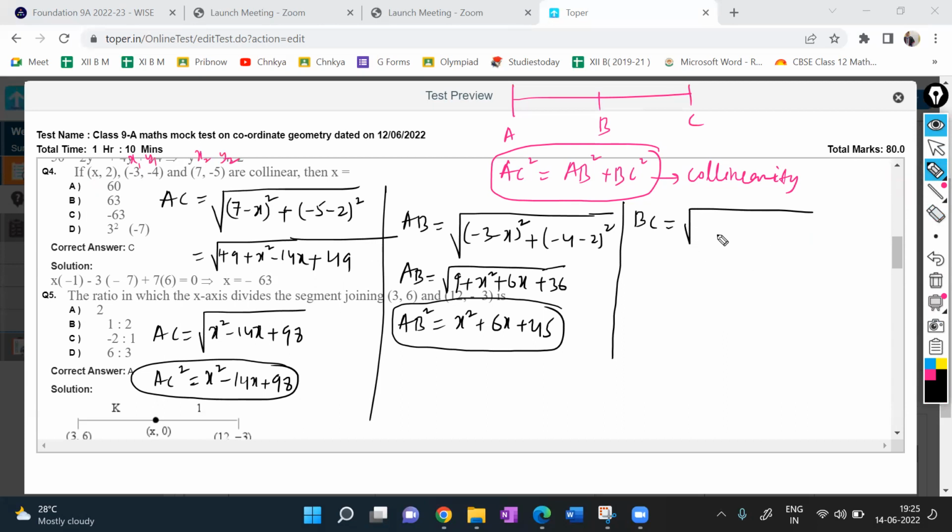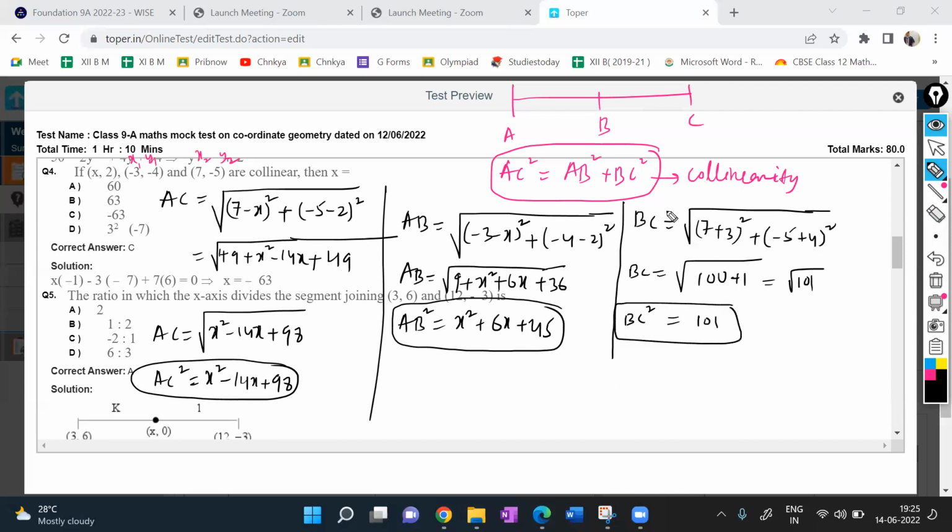BC is nothing but 7 minus minus 3, so 7 plus 3 whole square, plus minus 5 minus minus 4, so minus 5 plus 4 whole square. So what are you going to get now? 10 means 100, minus 1 whole square means 1. So 101. So this is BC square, which is nothing but 101.